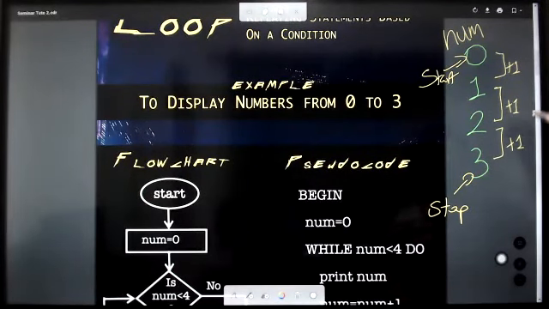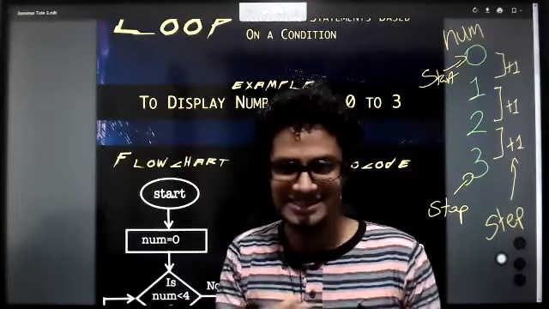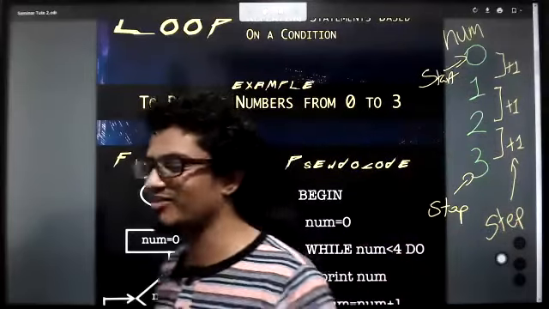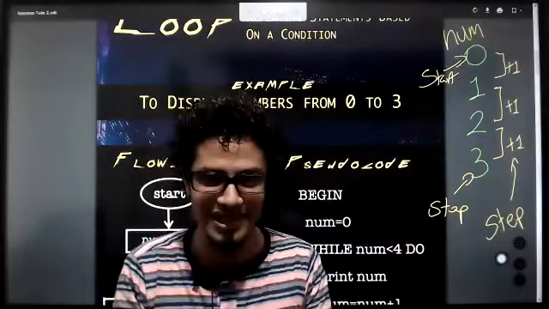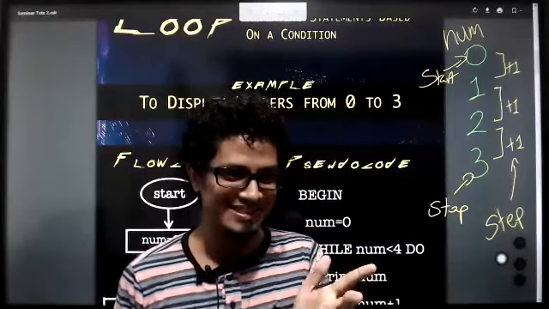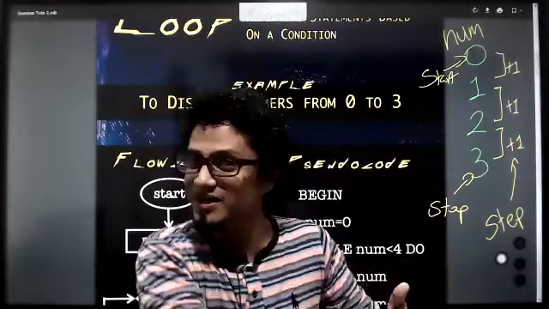What is this, kids? The step. So don't forget, there are 3 things in this kind of loop: start, stop, and step. Where to start, where to stop, and how to step, right?